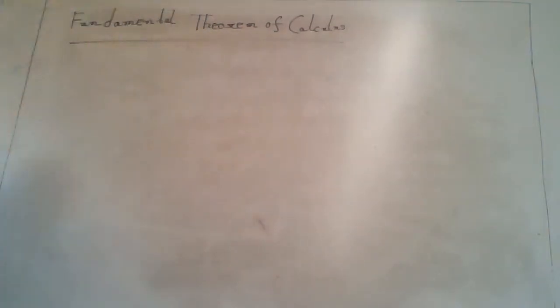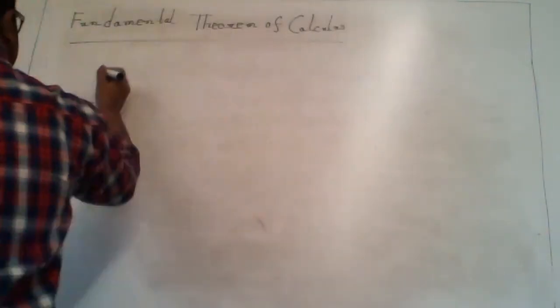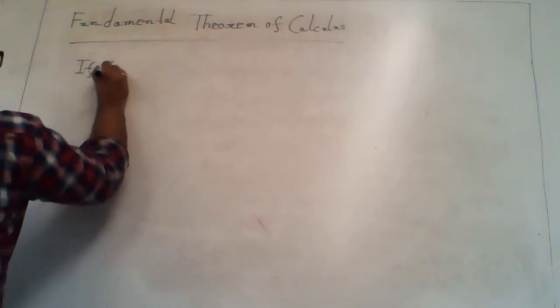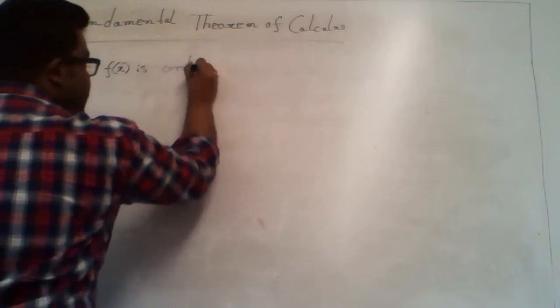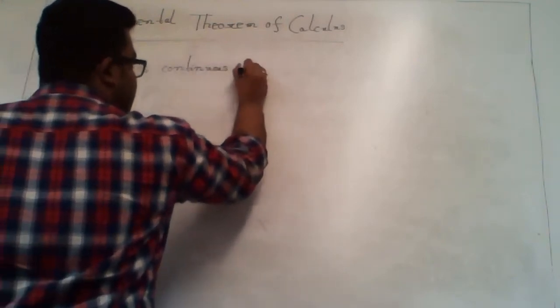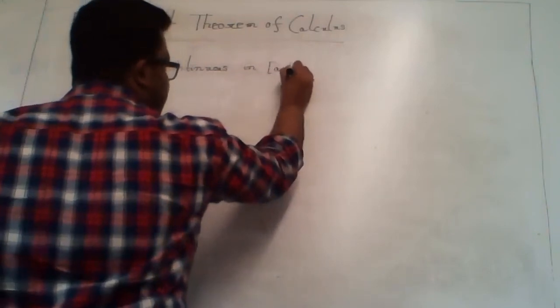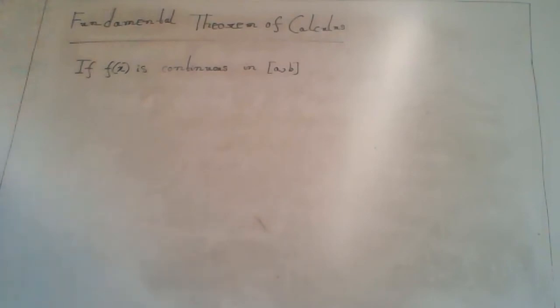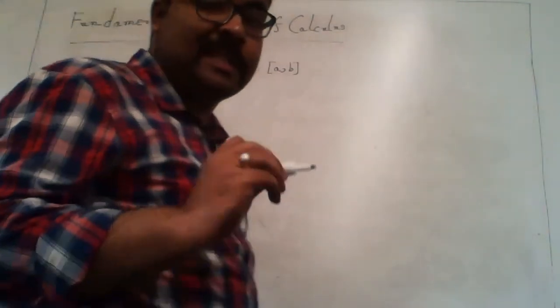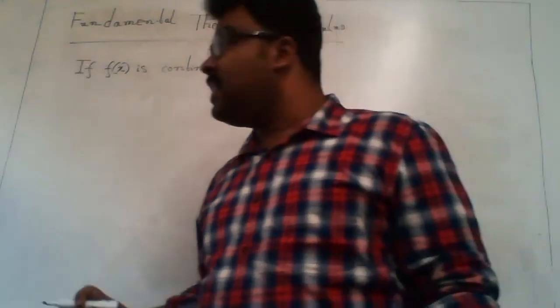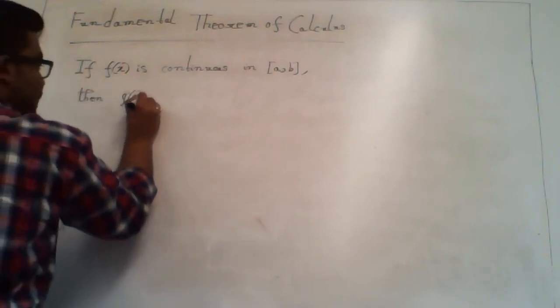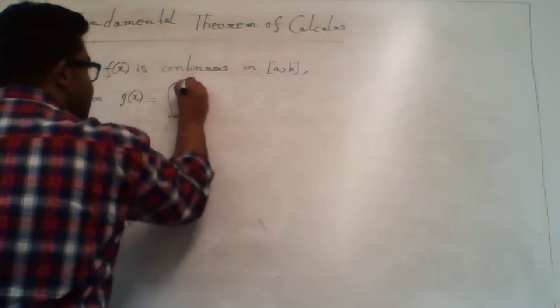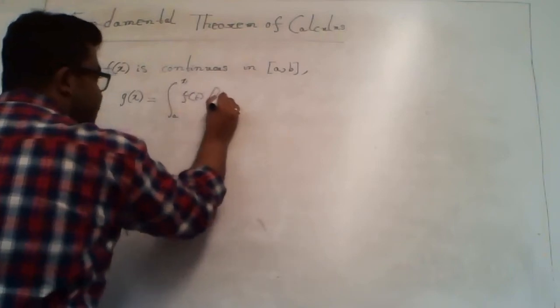So what is the fundamental theorem of calculus? It states that if f(x) is continuous in a given interval [a, b], so if a function is continuous in a given interval, continuous meaning its graph has no breaks in it, then the function g(x), which is the integral from a to x of f(t) dt, I define a function in this way.